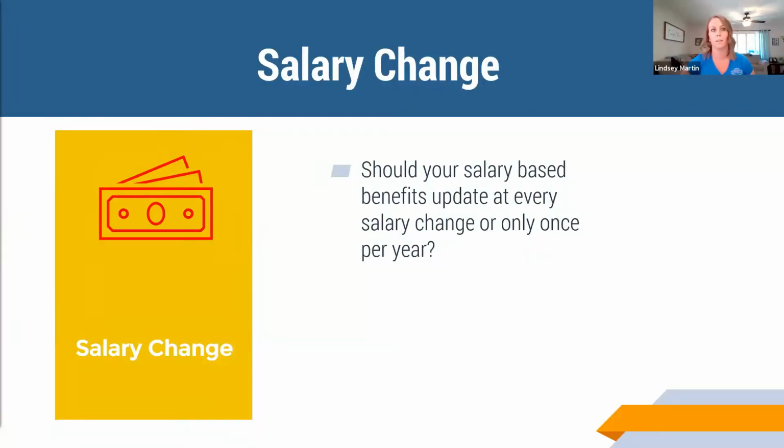Or is it something that really it doesn't matter, that we will go back at time of claim and determine what that should be? So for billing purposes and for claims, you'll want to make sure that you know what needs to be set up for your long-term disability, short-term disability, and if you have a salary-based life plan, if we need to update a benefit amount for that. So that would be something important to know as well.